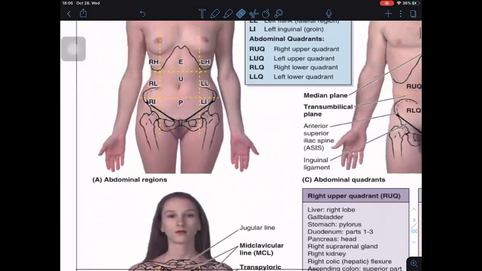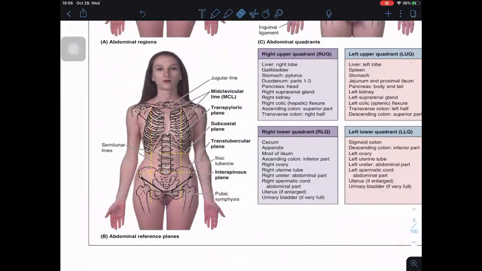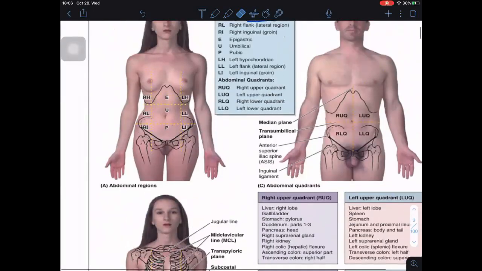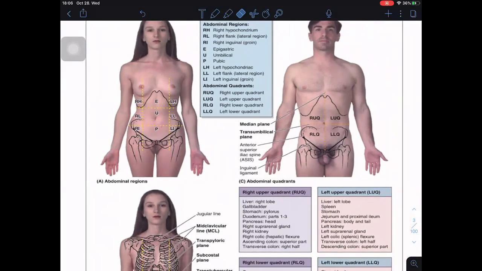All right. So that's pretty much it. But still, the names of the regions are the same. It's just about what you like, or some other physicians prefer to use planes other than the subcostal or the transtubercular.